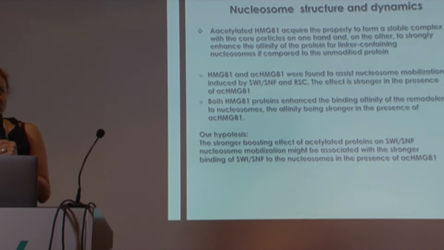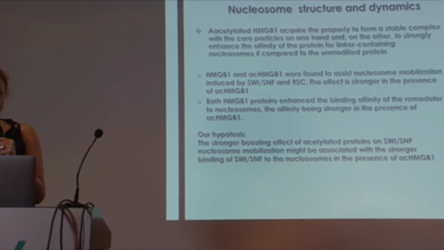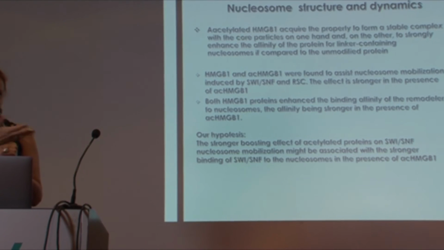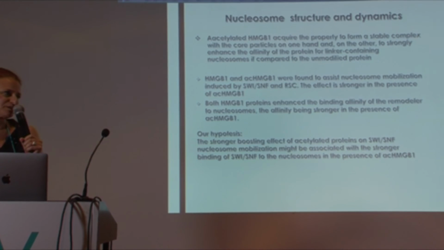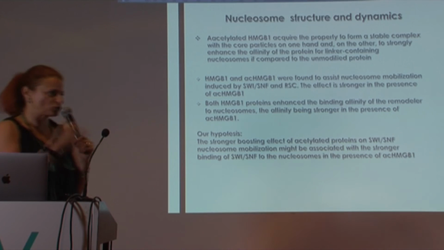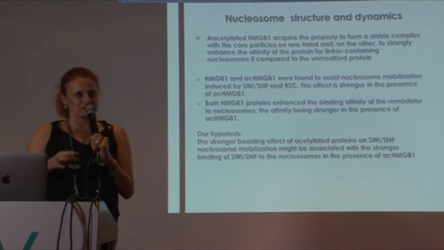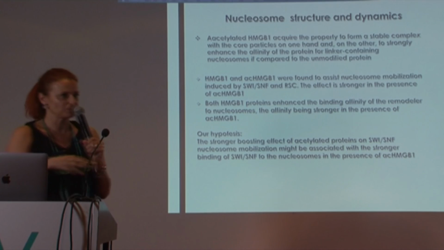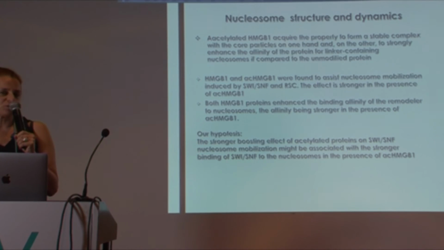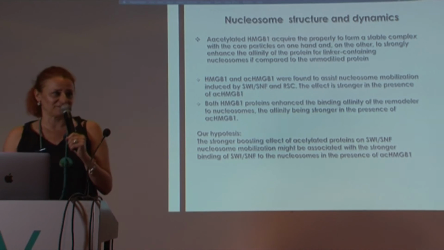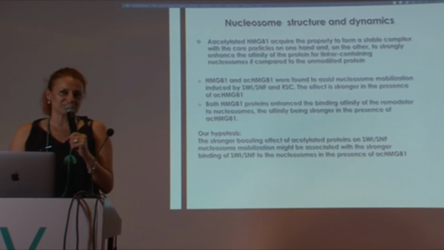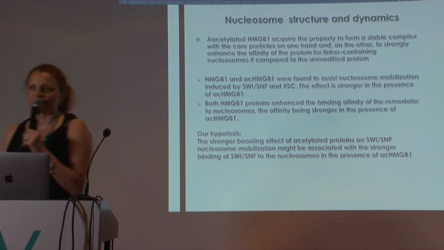Instead, I want to show you some very recent results, as I'm near the end, which were inspired by the work of Stoinu and the wonderful approach that he developed in his lab. As I told you, HMGB1 recognizes a lot of DNA structures like UV damaged DNA or cisplatinated DNA or this cruciform DNA.